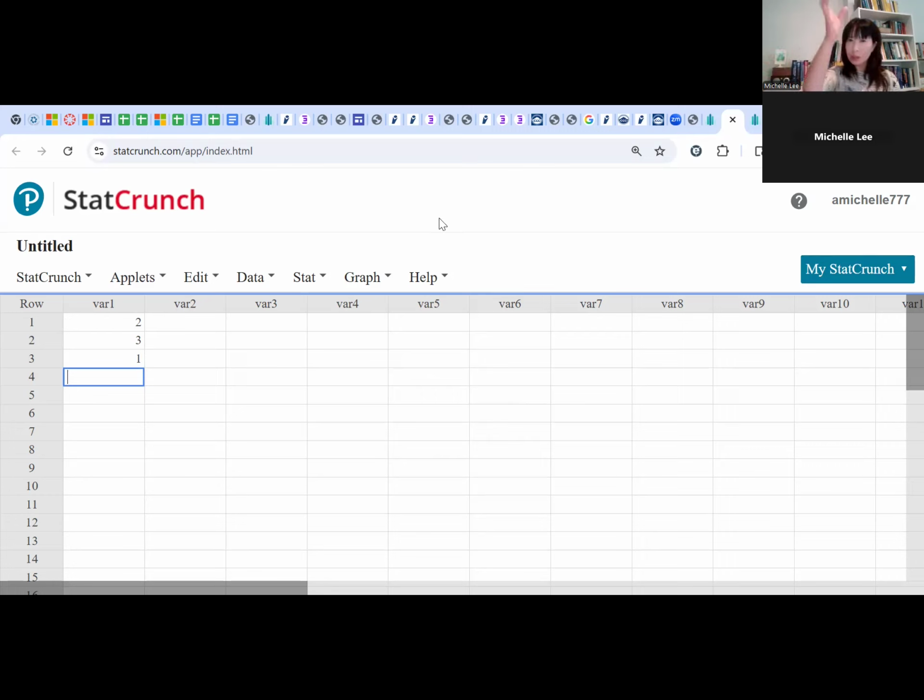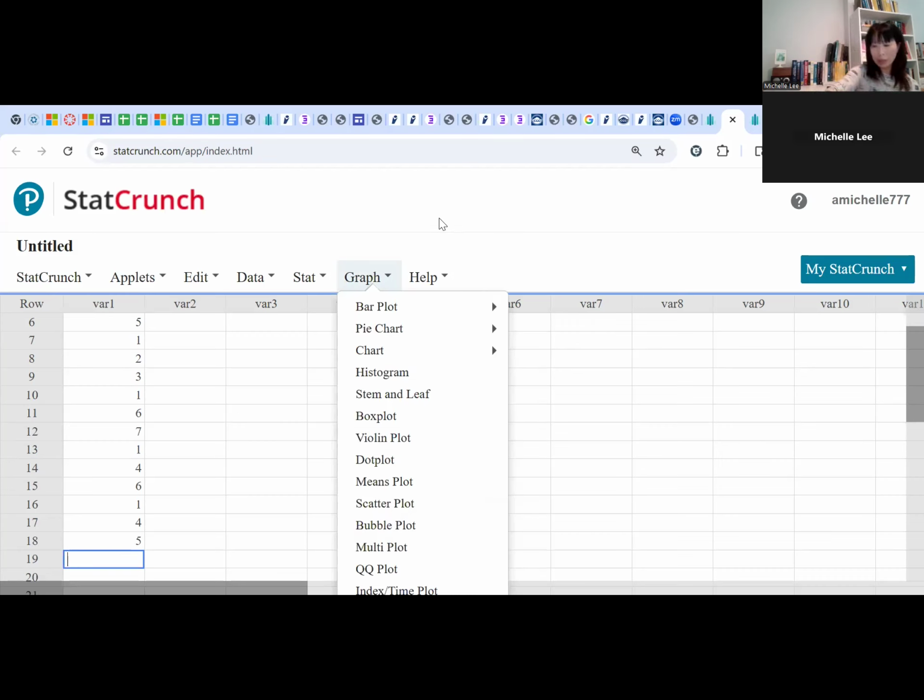Let me pause and write down all the data set here. Every data value I type.